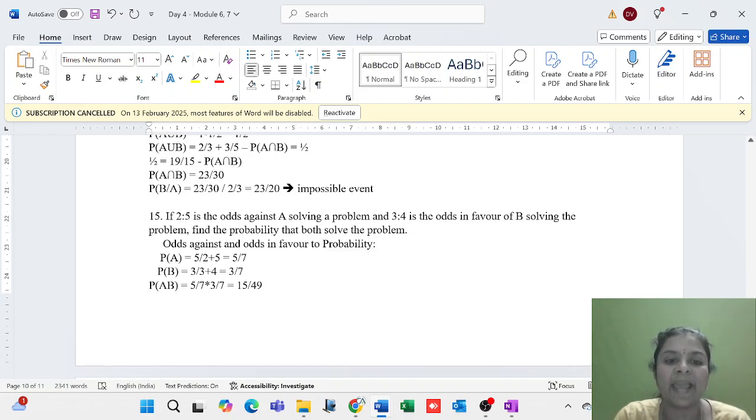So odds against A means unfavorable is to favorable. So the probability will be 5 by 5 plus 2, 5 by 7. Now odds in favor of B, this is favorable is to unfavorable. So probability will be 3 by 3 plus 4, 3 by 7. Now both solve the problem means A solving and B solving. So 5 by 7 into 3 by 7.